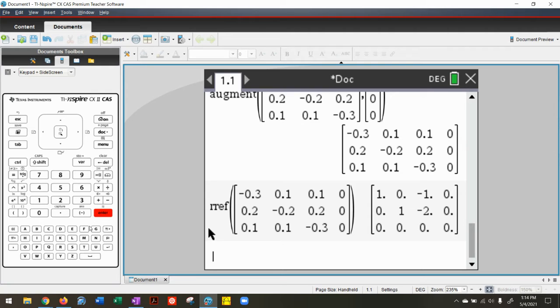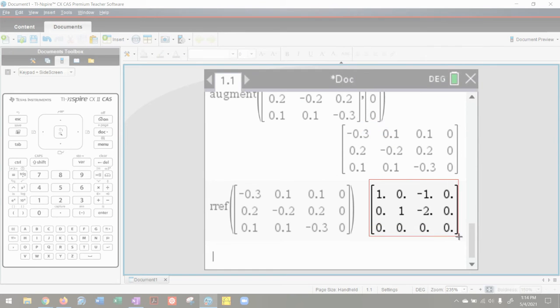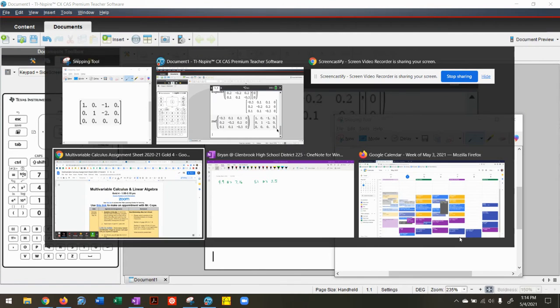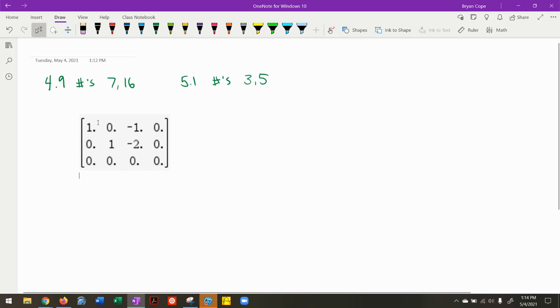I'm going to pull that over to my other screen so that I can dissect that and we can talk about what that means. Okay, so for number 7, this means that x3 is free, right? So we can say that x1 is equal to x3, x2 is equal to 2x3, and x3 is x3.